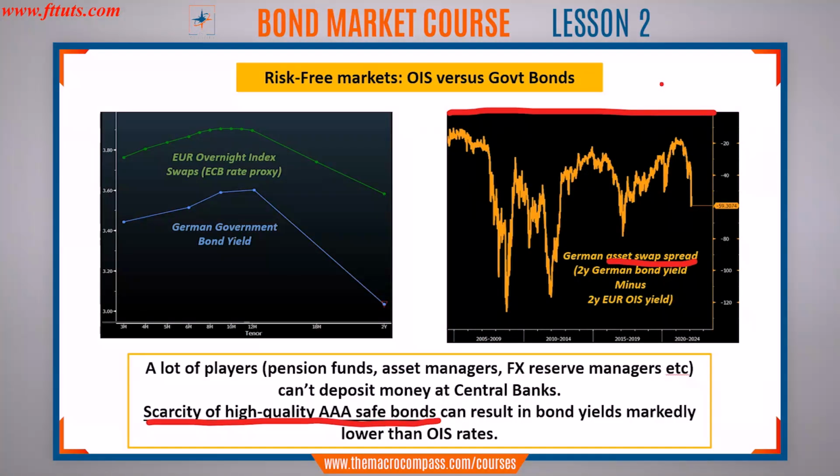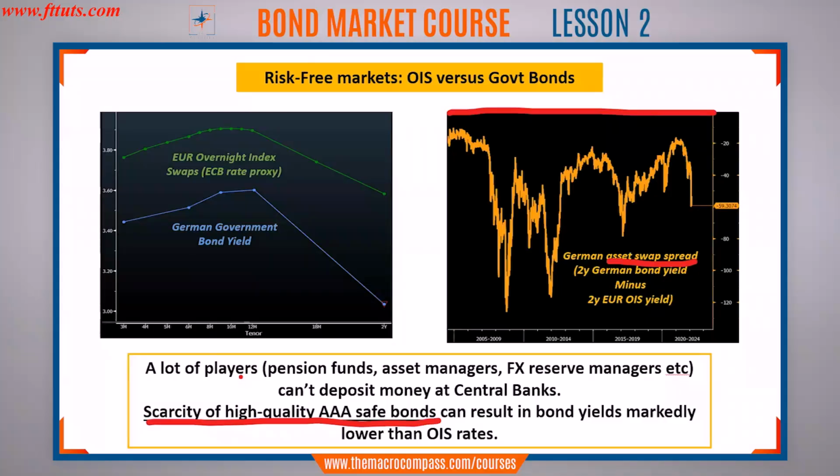So when you have such a large and open economy, with so many foreign entities having euro deposits that come from selling goods, services and products to the European market, and such a vast amount of euros to be deployed in safe risk-free instruments, and so little AAA safe collateral available, basically only the German market, the obvious result is that German government bond yields will have to trade at a premium against euro overnight index swaps, so the ECB rate proxy.